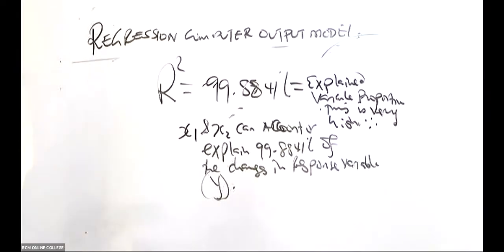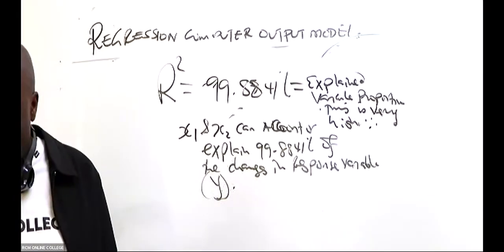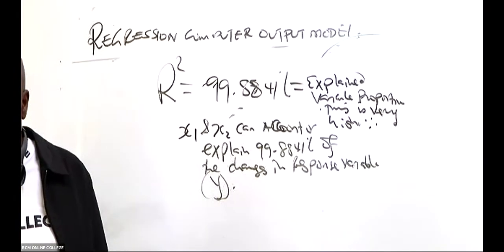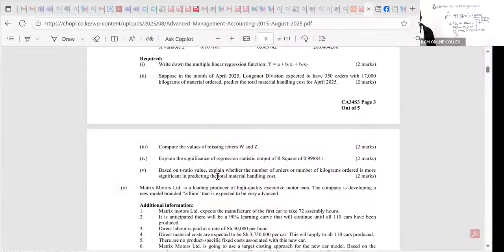And then now, with your permission, I'll go to the last question. Based on the T-ratio value, just the T-ratio value, they don't want you to get the T tables. Based on the T-ratio value, explain whether the number of orders, which is X1, or the number of kilograms ordered, which is X2, is more significant in predicting the total material handling cost.